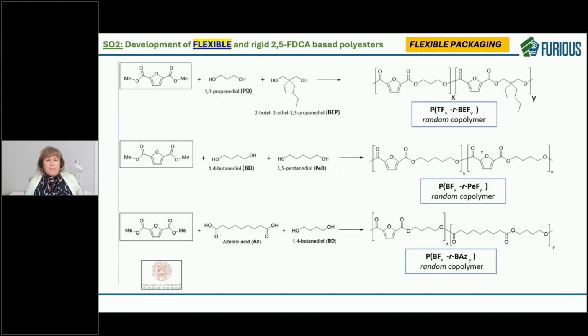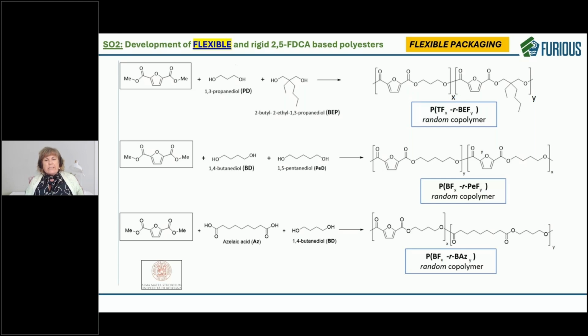Here, three examples of copolymeric systems prepared for flexible packaging. The compositions are not shown, but you know that by playing on the copolymer composition, we can finally tune the final mechanical properties. As you can see, in the first case, we introduce a glycol containing a long side chain, which acts as an internal plasticizing effect.